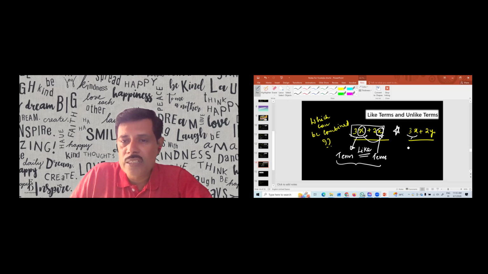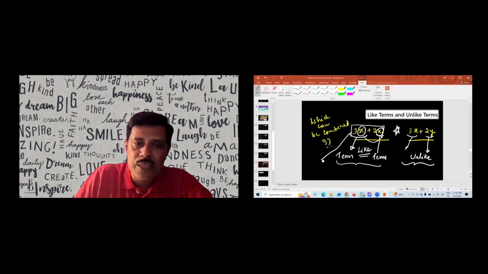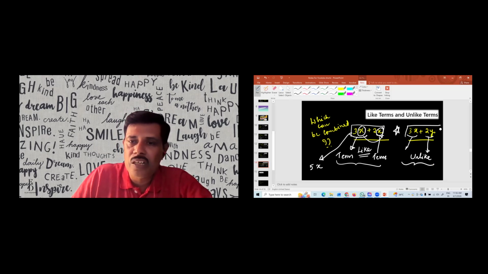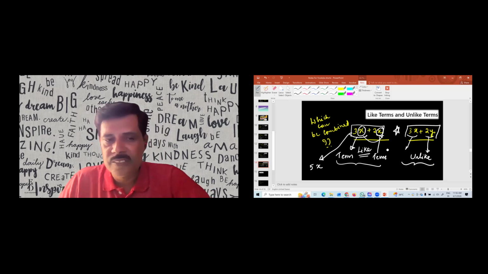But here, this is a term and this is a term, but both involve different variables. So they are known as unlike terms. That is the reason we cannot combine these two. Whereas we can combine these two and say this will come as 5x. But here we cannot do anything. We should leave it as it is.